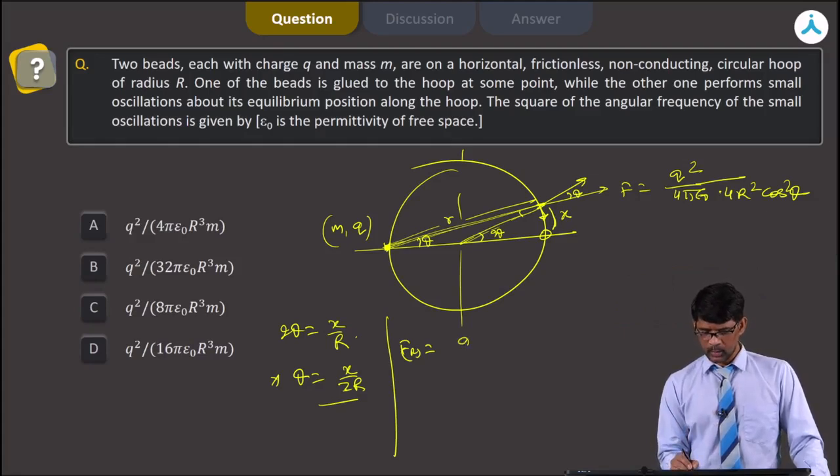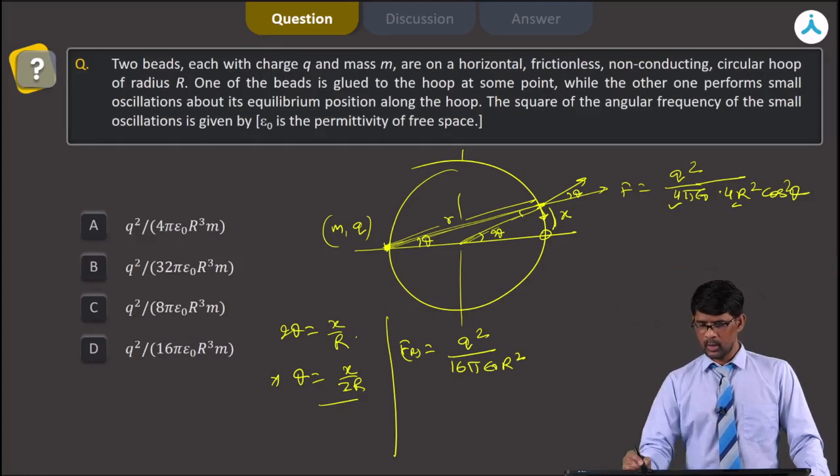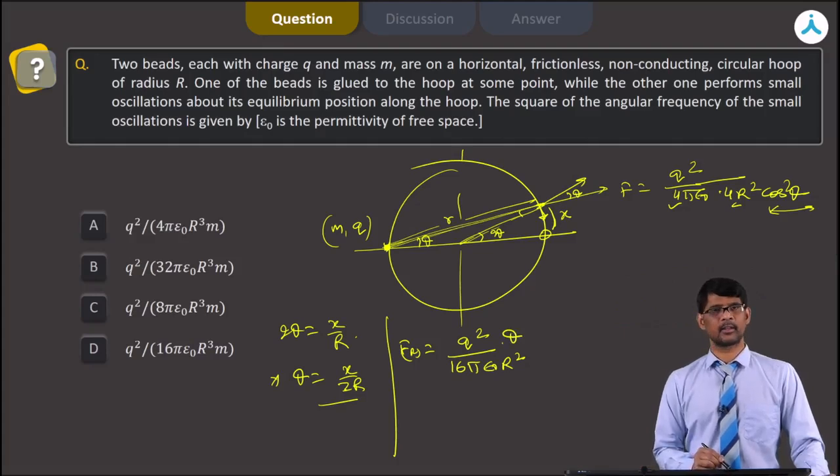So here it will be q square divided by 16 pi, this 4 and this 4, epsilon naught r square. Here cos square theta will have the value of almost 1, and for sine theta I am putting the value of theta, since sine theta will almost be equal to theta, as theta is very small.